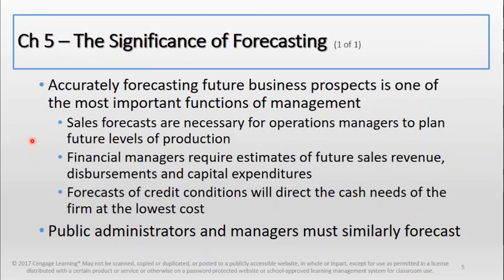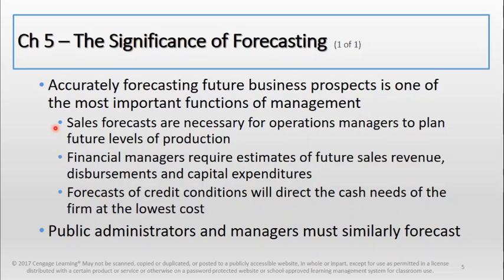So let's start with the significance of forecasting. Accurately forecasting future business prospects is one of the most important functions of management. Sales forecasts, for example, are necessary for operations managers to plan the proper future levels of production.